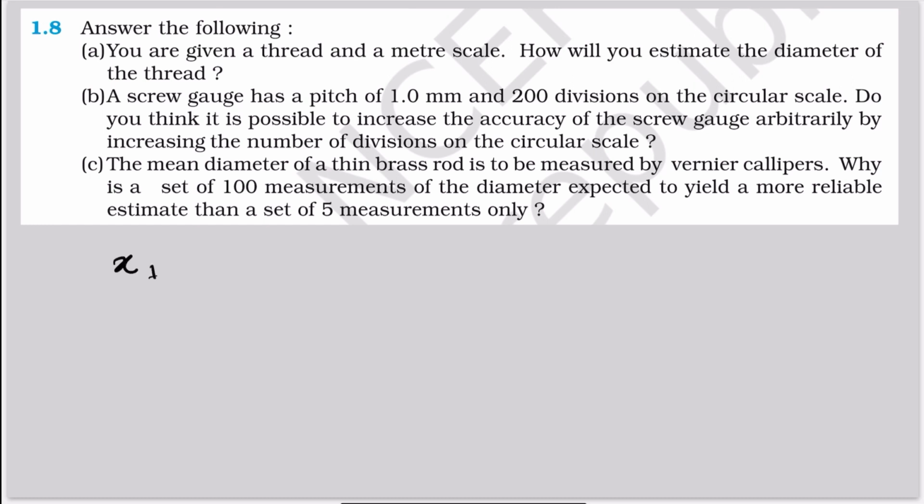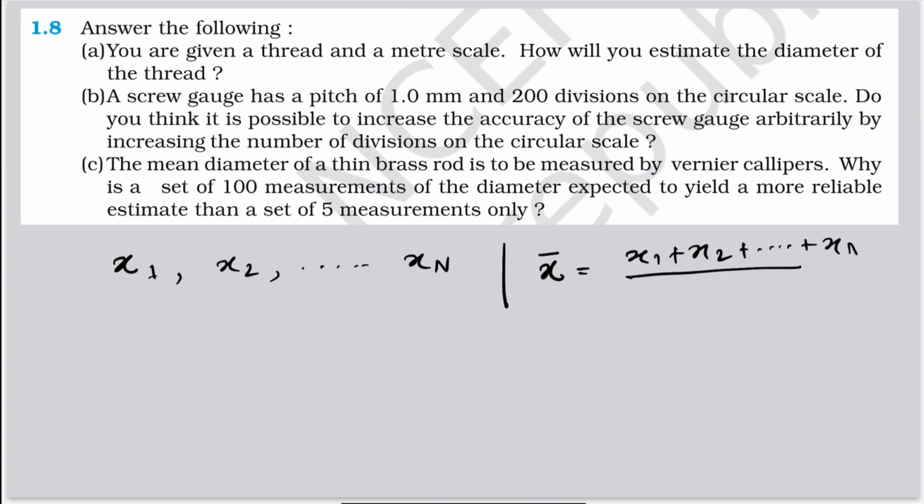Before understanding standard deviation, suppose you are doing n number of measurements. Suppose this is the first measurement, x2 is the second measurement, and like this you have done a total of n measurements, and you are taking the average. The average is denoted by x bar, that will be equal to x1 plus x2 plus ... plus xn divided by n.